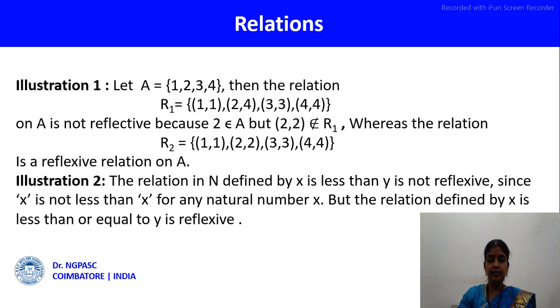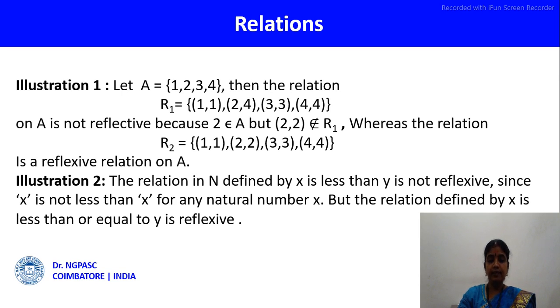R1 equals {(1,1), (2,4), (3,3), (4,4)}. Here (2,2) is not an element in R1, so it is not reflexive. But in R2, (1,1), (2,2), (3,3), (4,4) are elements, so R2 is reflexive.